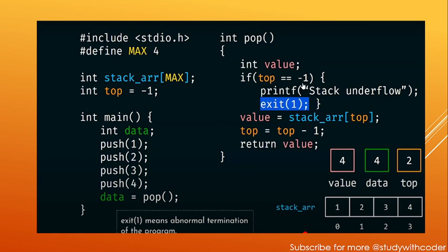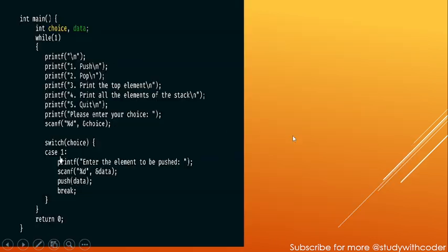So in the function, if top == -1, then printf stack underflow and exit(1). exit(1) means abnormal termination of the program. value = stack_arr[top]; top = top - 1 and return value.